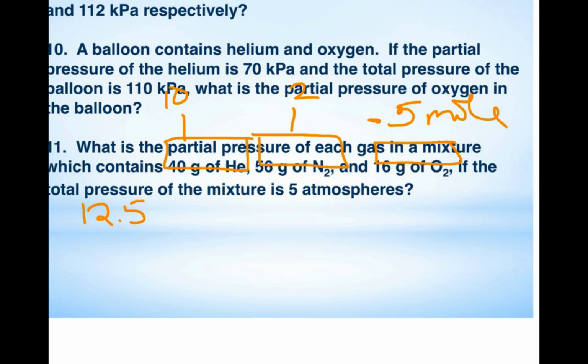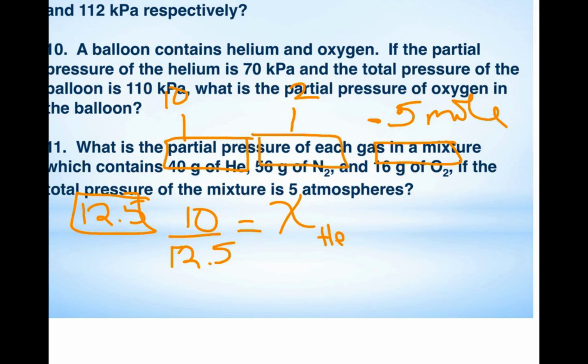So, when we do this problem, what is the mole fraction for each of these substances? Well, for helium, it's 10 over 12.5. There's my mole fraction, chi, of helium.